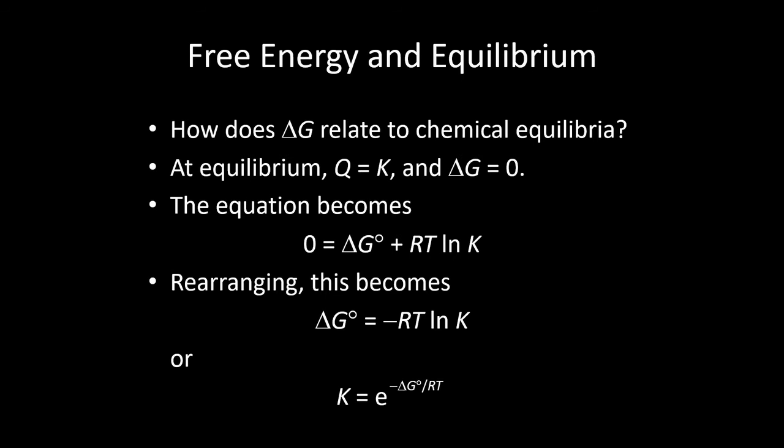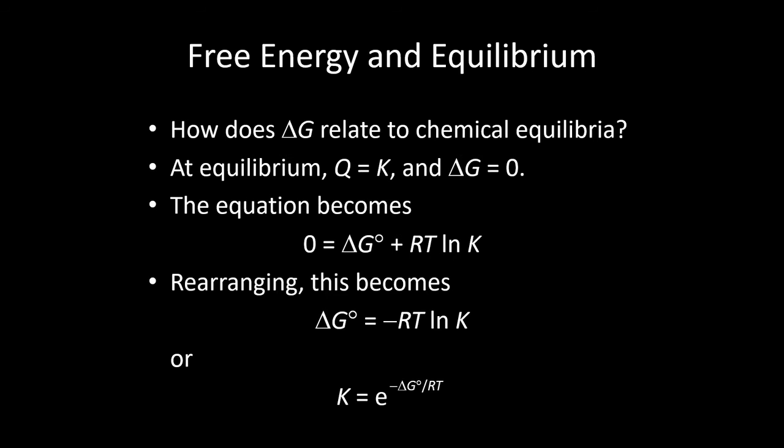If you remember Q, that reaction quotient, if your reaction is at equilibrium, Q is equal to K. Also, if you remember from earlier in this chapter, if you're at equilibrium, the non-standard Gibbs free energy is going to be equal to 0. So the delta G is 0 at equilibrium, and Q is equal to K at equilibrium.